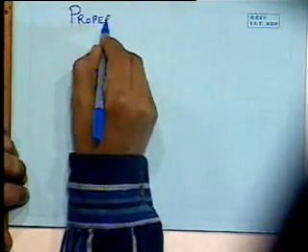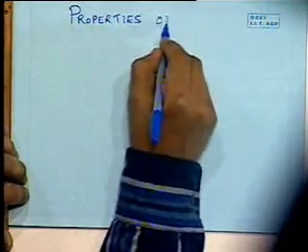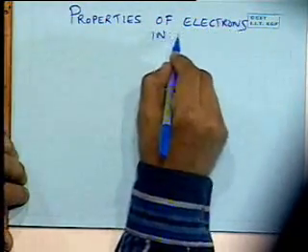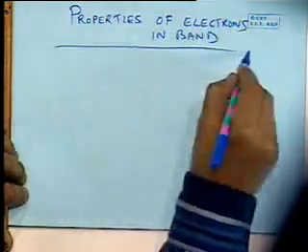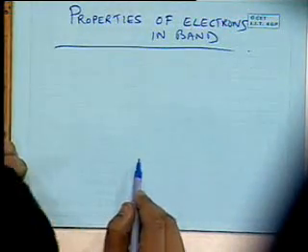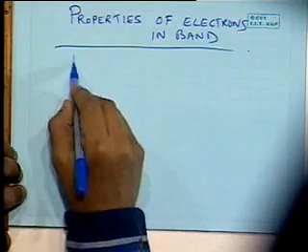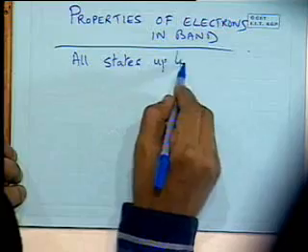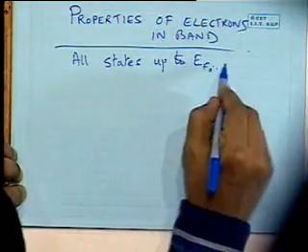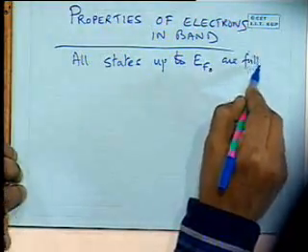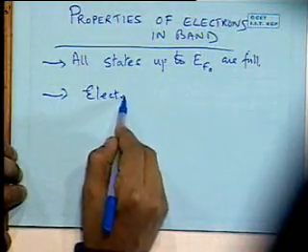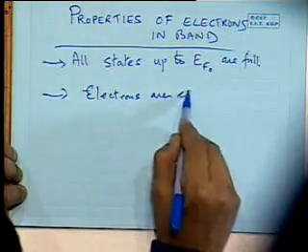Let's look briefly at the properties of these electrons within the band. Just recalling, all states up to EF0 are full. Secondly, electrons are essentially free in the form of a gas.